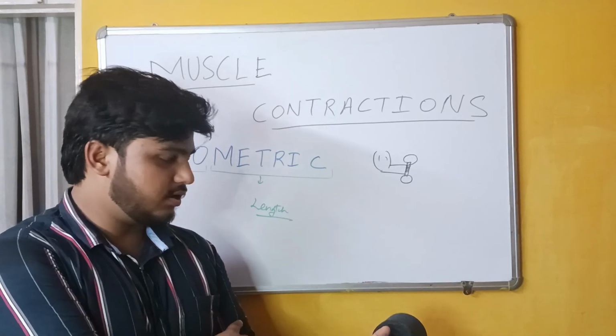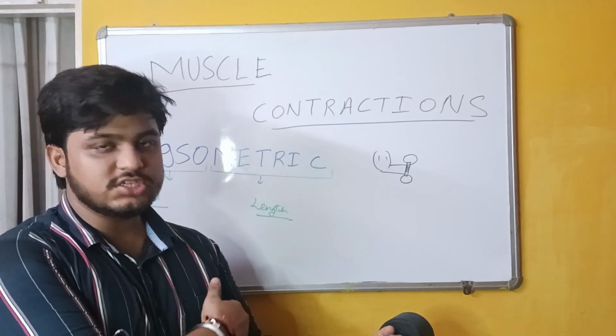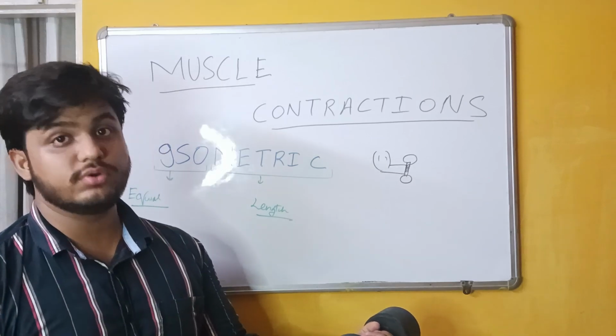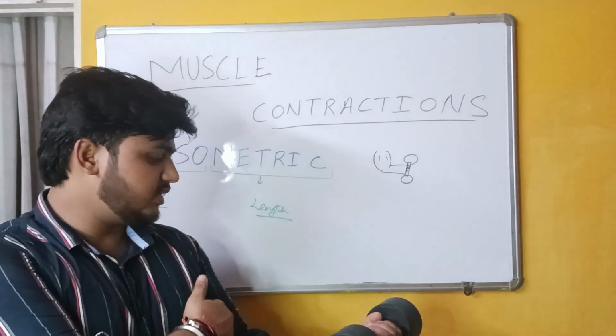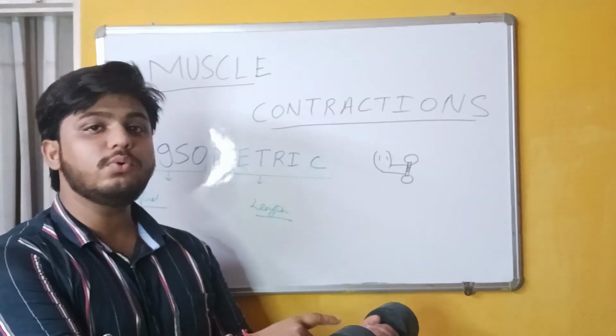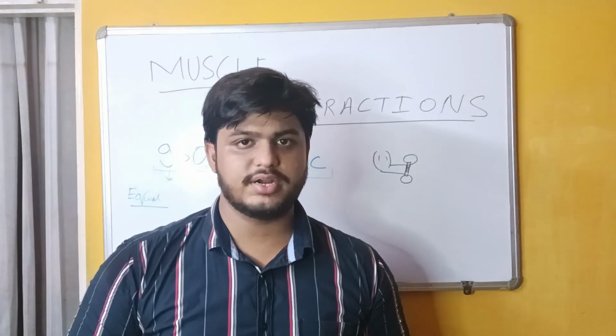It is at a particular position and biceps हमारी under tension है at all the time because of this dumbbell. So this kind of contraction is known as isometric contraction. The length is same and it is being contracted continuously due to a tension. And this is basically an example of isometric contraction.